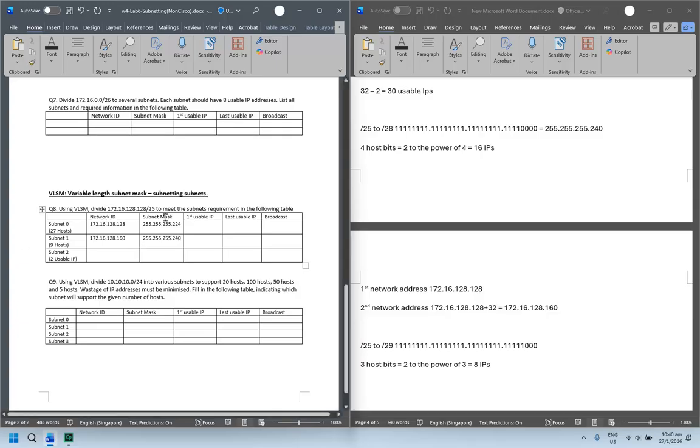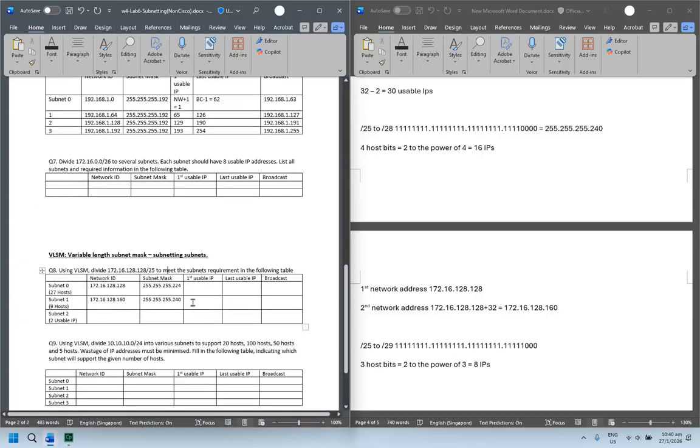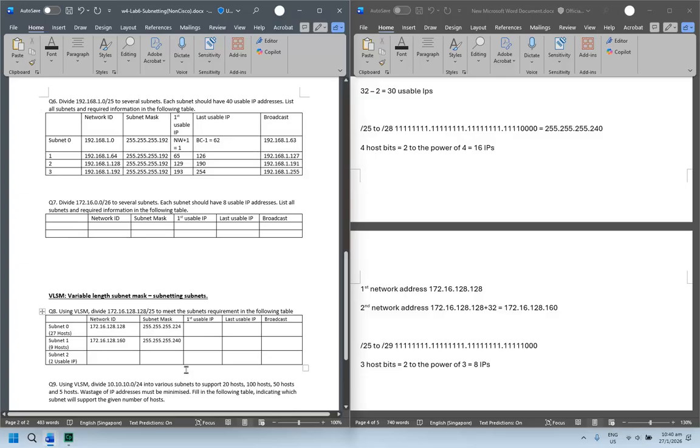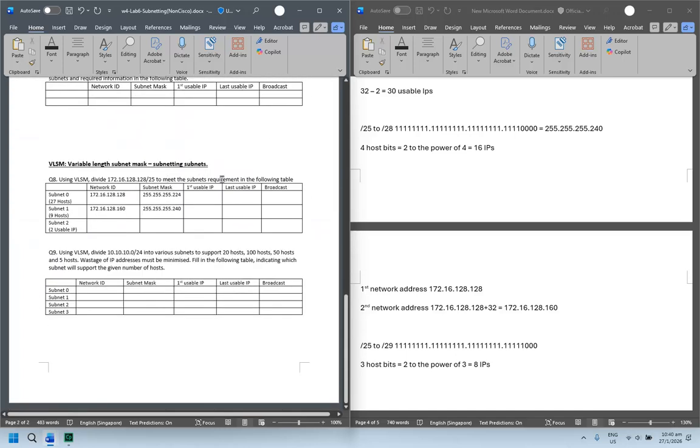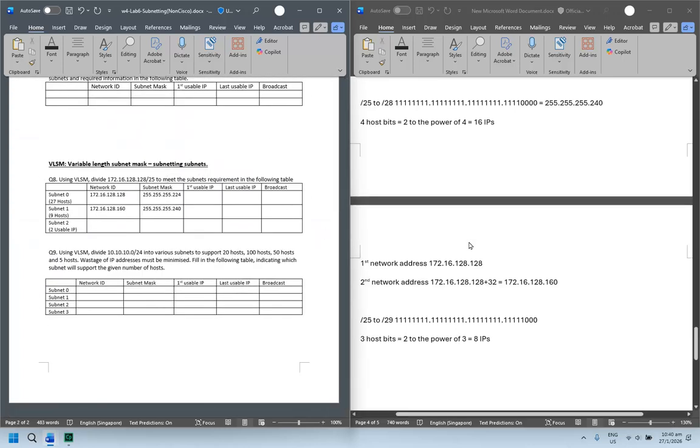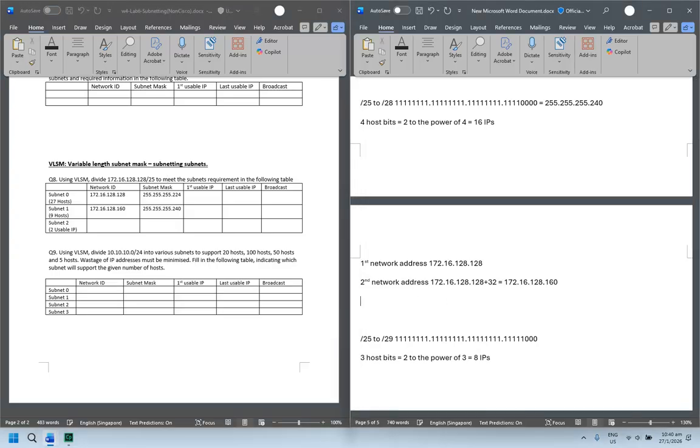Now you should be able to see that for variable length subnet mask, every subnet itself has a different subnet mask compared to all the previous examples that we were looking at. So the tricky part now is, in order to find out the third network address, we start from 172.16.128.160, which is the network address of the second group.